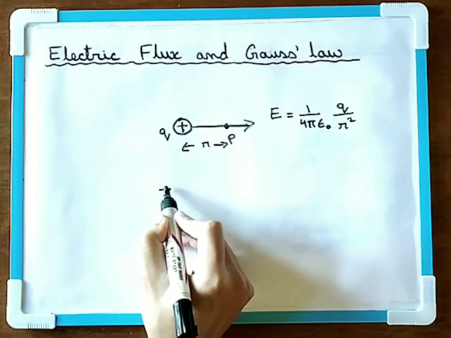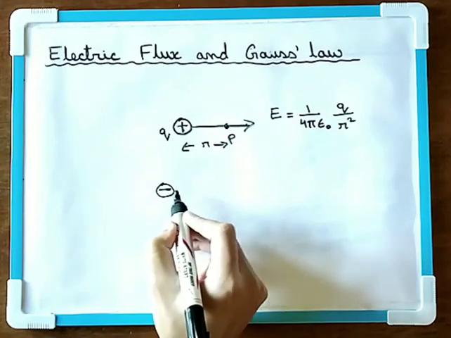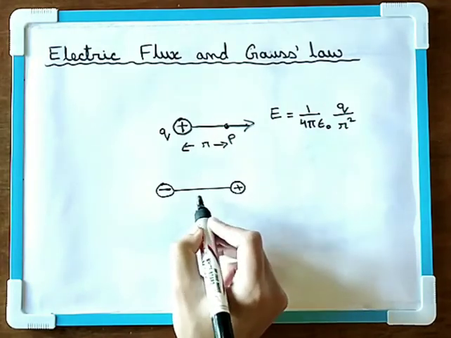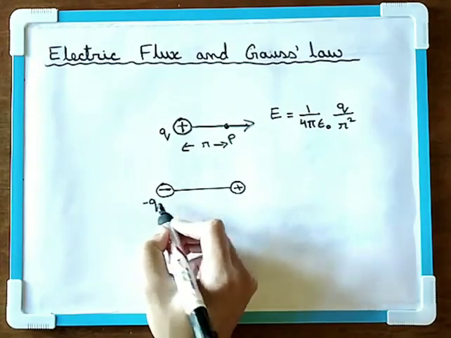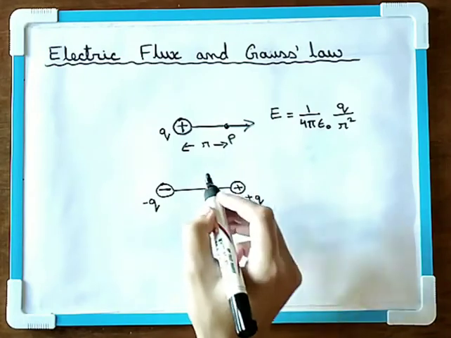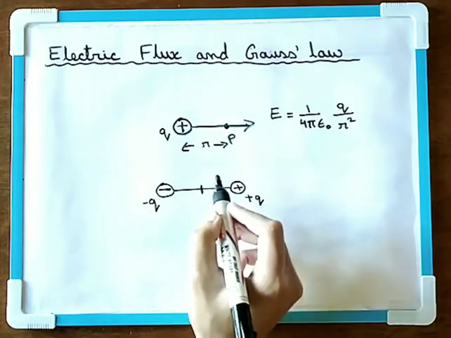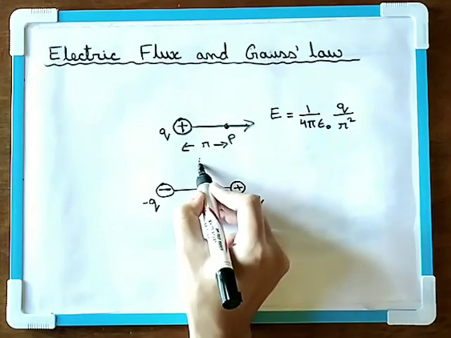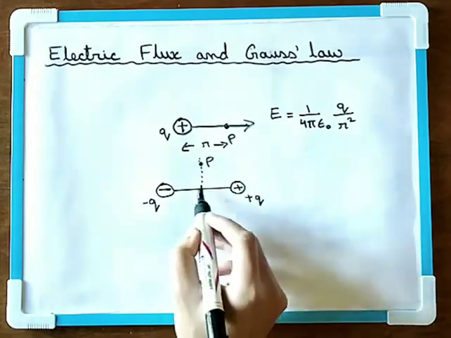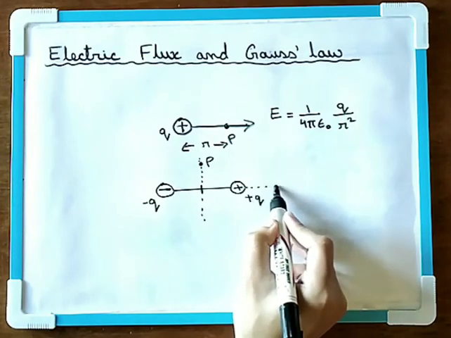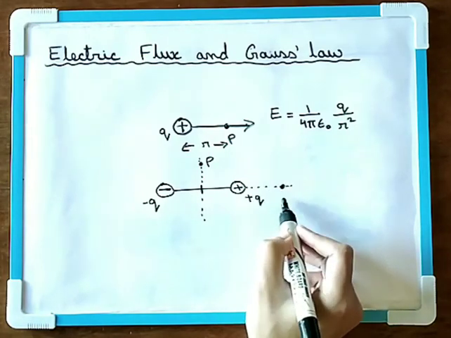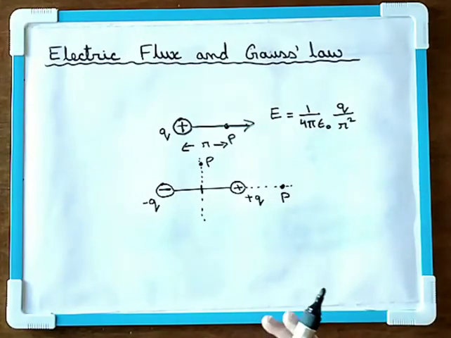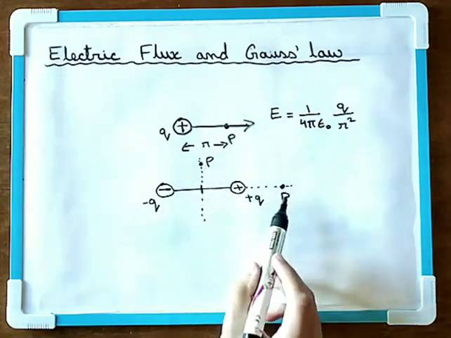This is a system of two equal and opposite point charges, minus Q and plus Q, and we have found out the electric field at a point on the equatorial line here, and at a point on the axial line here. By using this formula, we have found out the electric field intensity at this point and at this point.